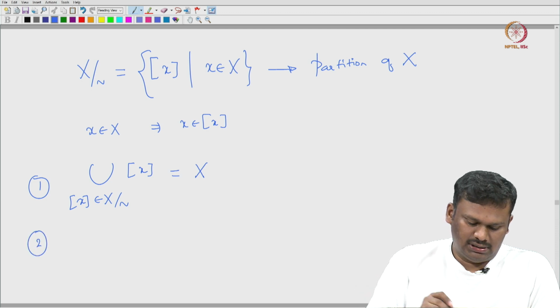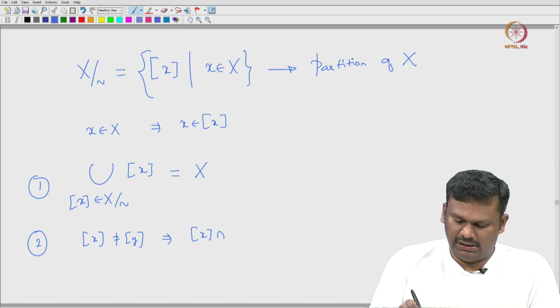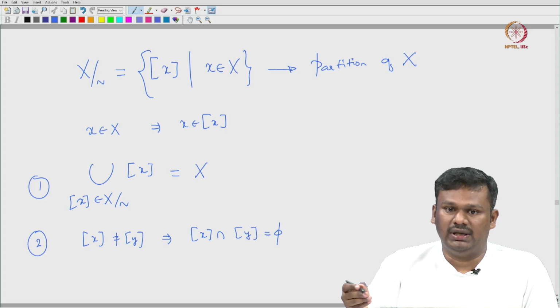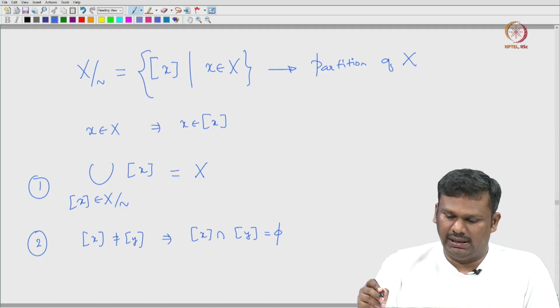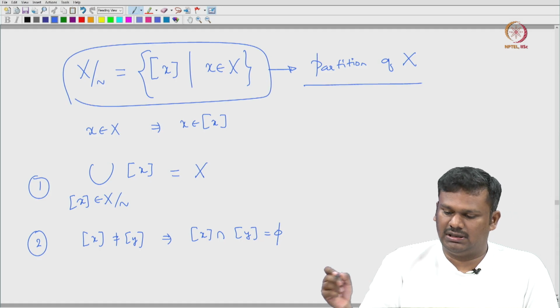Now, the second thing says that whenever class x is different from class y, that implies class x intersection class y is empty. So, they are all disjoint and their union is capital X. That is the definition of partition. So, that tells us this collection indeed forms a partition of X.